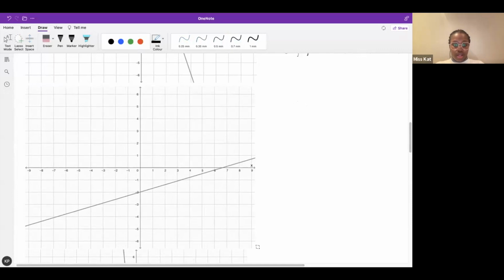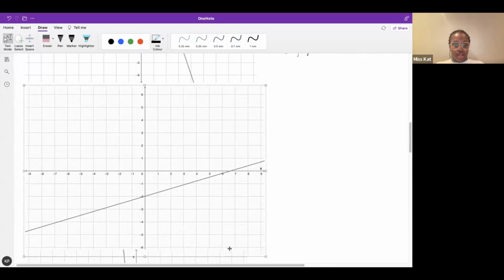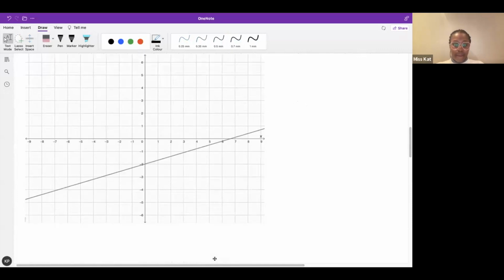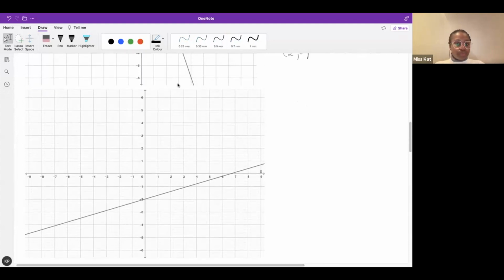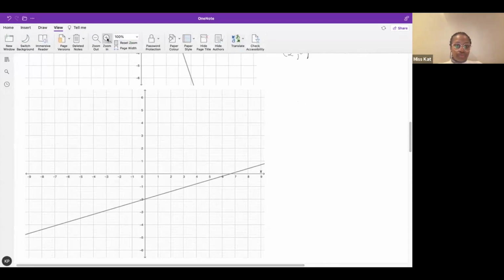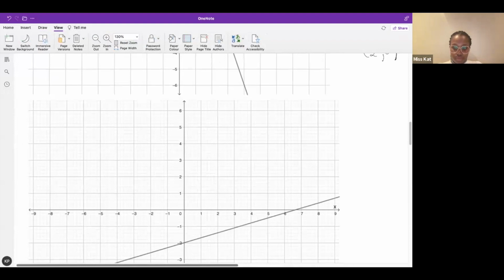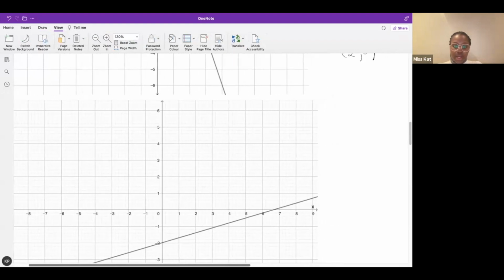So, ma'am, the x-intercept would be 6 and 0, and then the y-intercept would be negative 2 and 0. Remember, it's the intercept. You need to look carefully. Is it at 6? This graph is a bit small. Should I zoom in? So that would be 6.5 and 0.